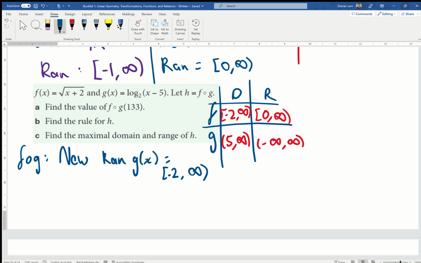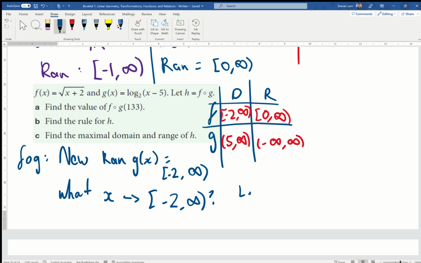So now, with this new range of g of x, I can safely say that the range of g, which is this new one, is a subset of the domain of f. Now, the question I'd ask myself is, what x values give me -2 to infinity for my original g of x?